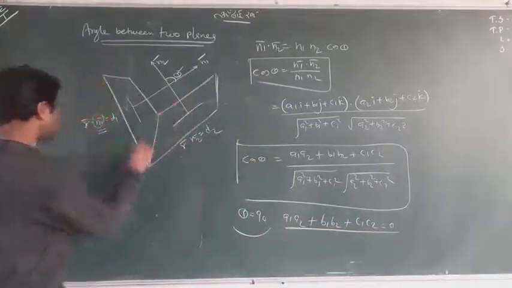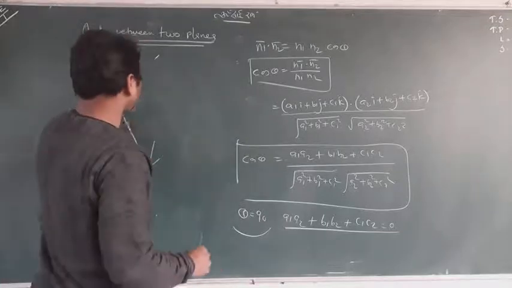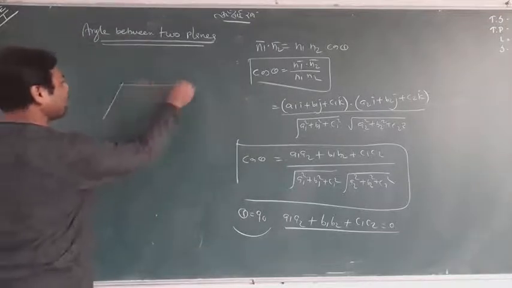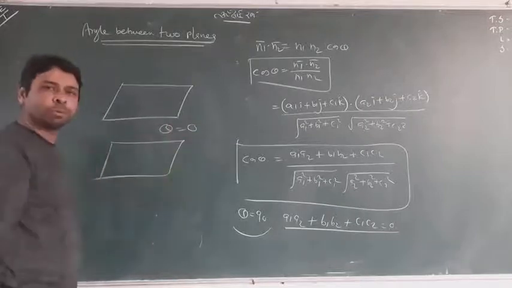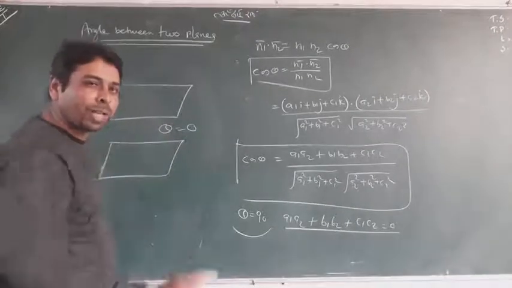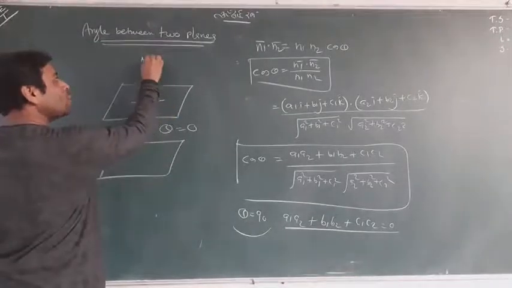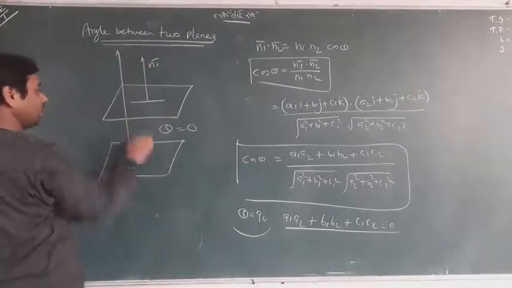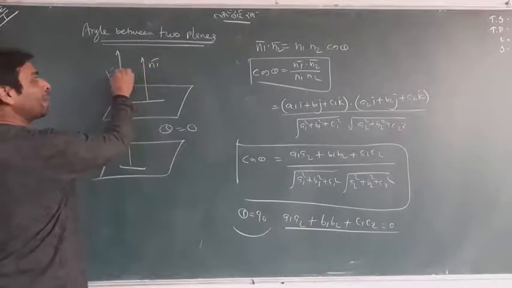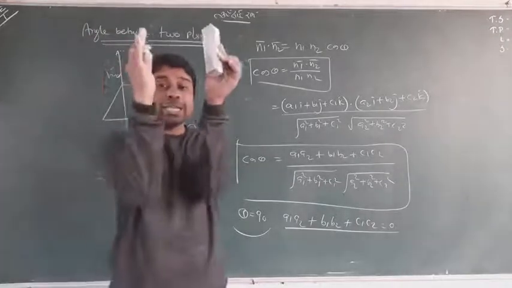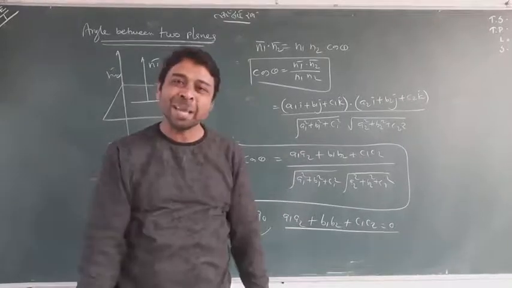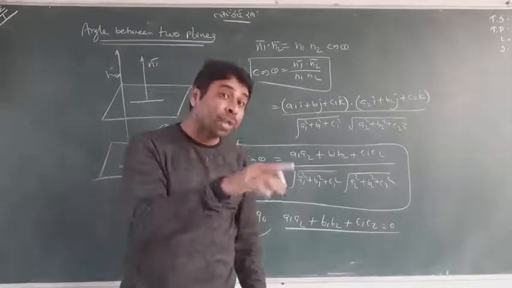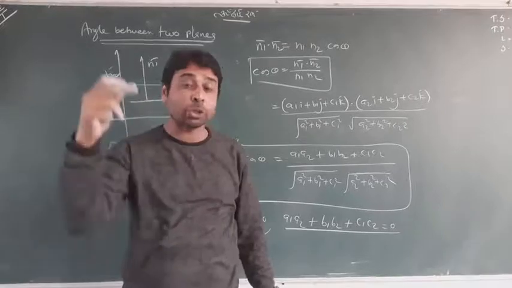One more thing I want to share with you. Suppose planes are parallel, the first plane and second plane are parallel, so the angle between them is 0. The normal n1 and the normal n2 will both be parallel. Normals are parallel, meaning the ratios are proportional. Same thing in the case of lines: when two lines are parallel, their ratios are proportional.